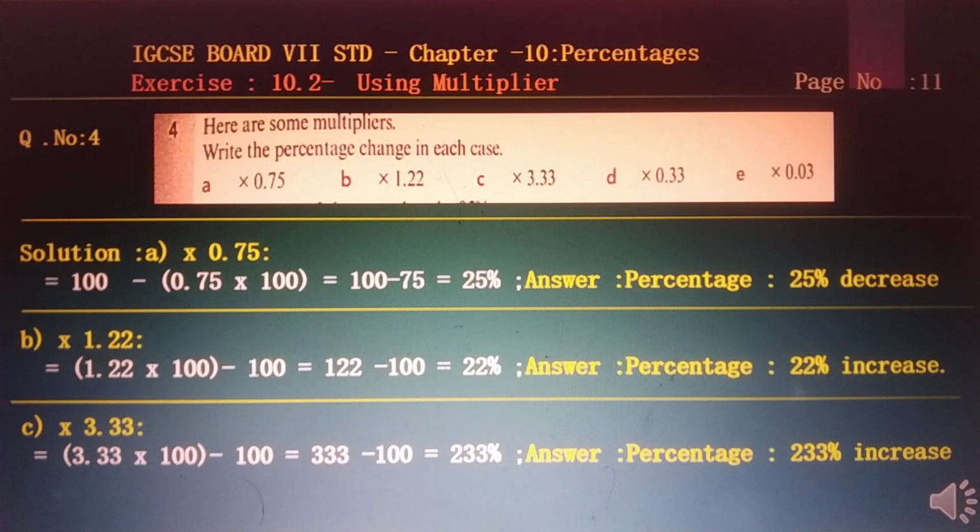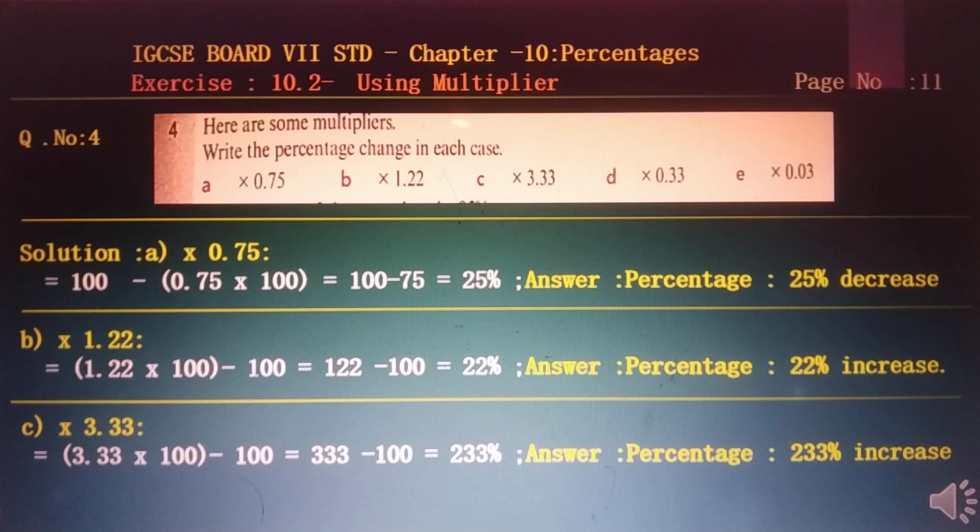In question number 4, given some multipliers, write the percentage change in each case. A, multiplier 0.75, B, multiplier 1.22, C, multiplier 3.33, D, multiplier 0.33, E, multiplier 0.03.